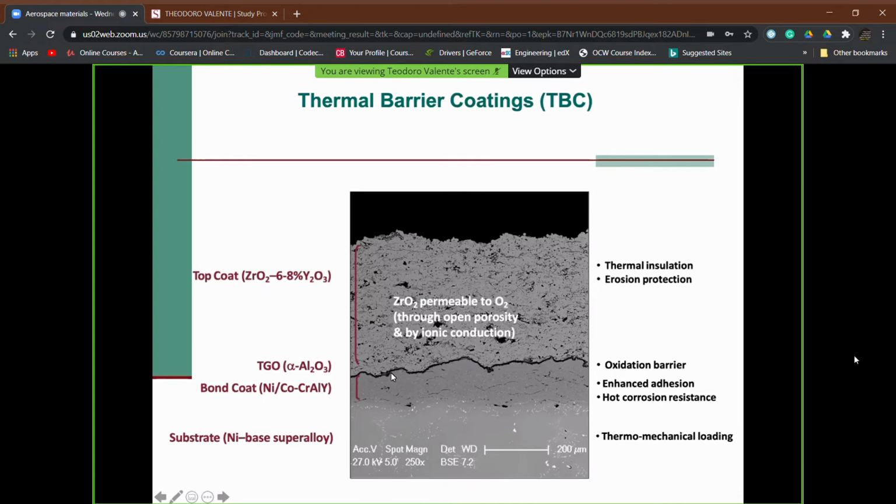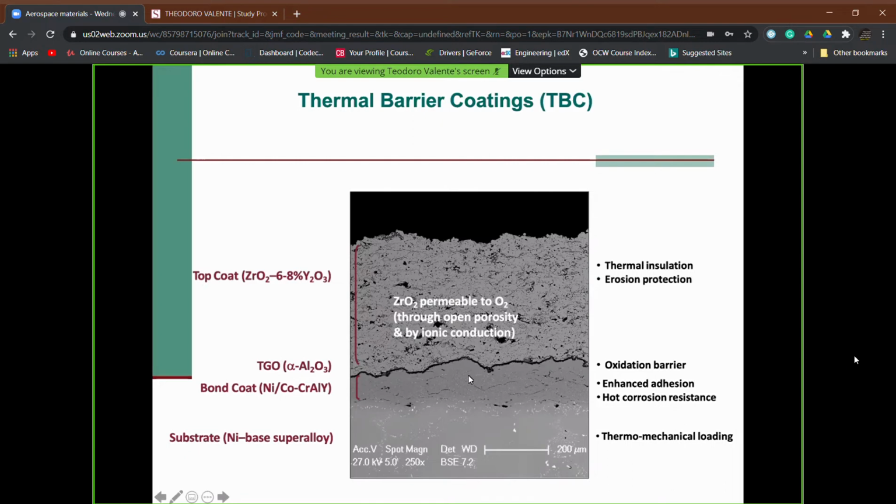So this bond coat has a first function, that is to represent an oxidation barrier, to avoid that oxygen could come in contact with the nickel-based superalloys and damage them.